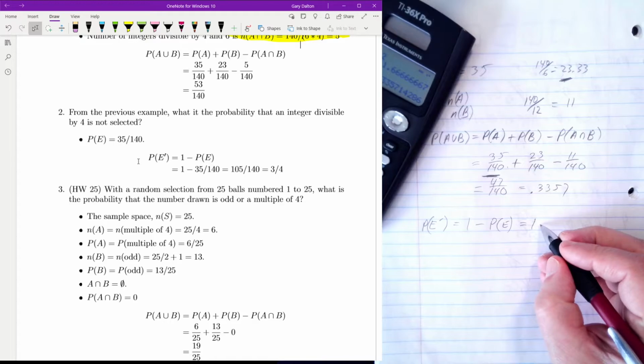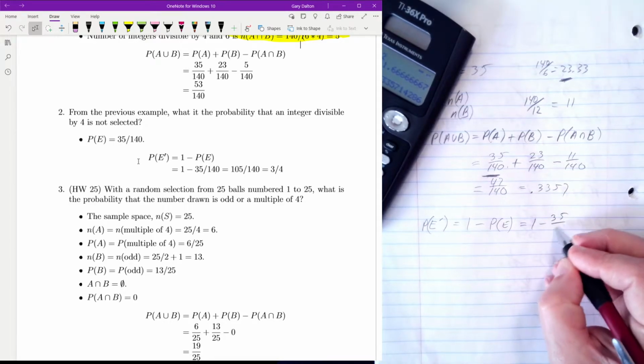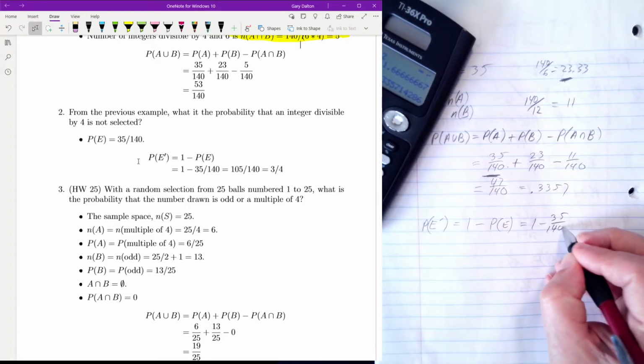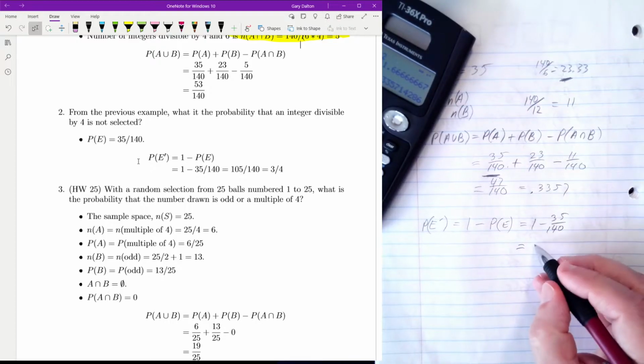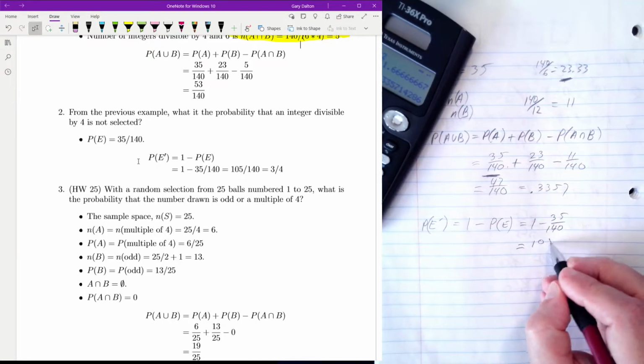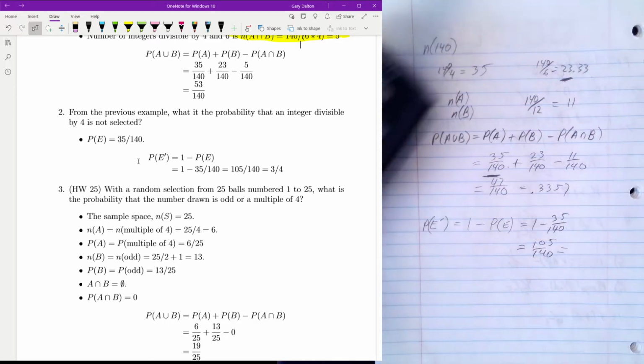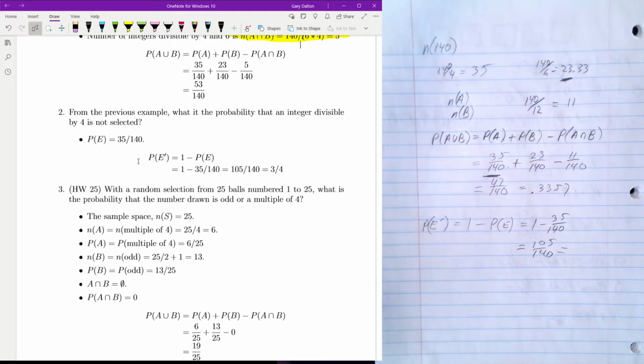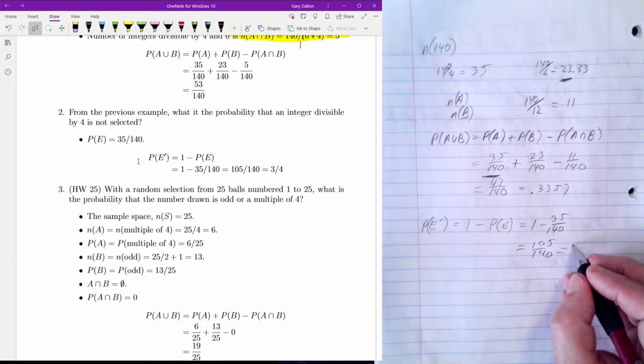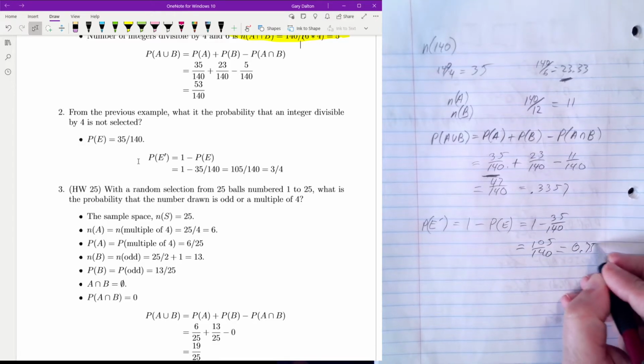So it's 1 minus 35 over 140. So that would be equal to 105 over 140. And that is 105 divided by 140, which is 0.75.